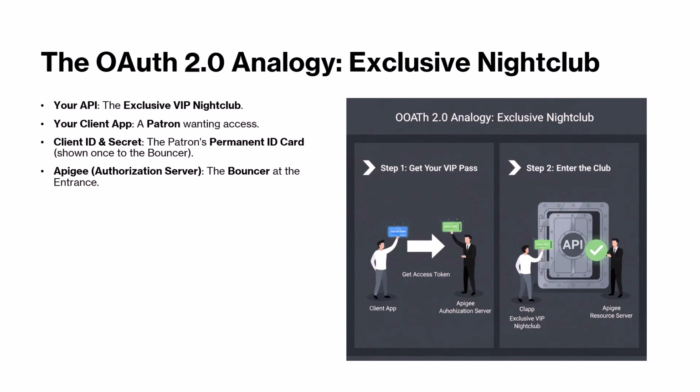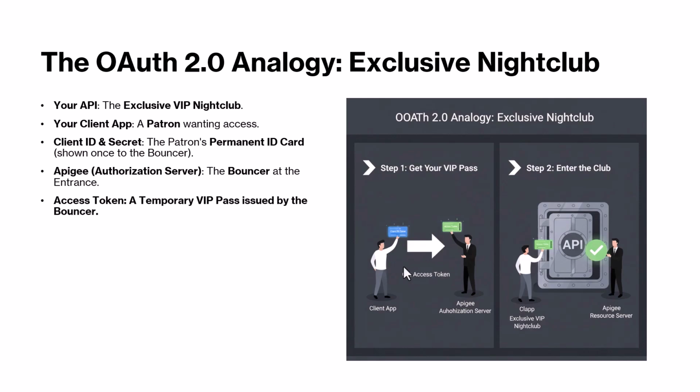This bouncer is standing at the entrance, holding the door, and their job is to verify identities and issue passes. Now, the crucial element is the access token, which is a temporary VIP pass issued by the bouncer, the authorization server. So this is the bouncer, which will give you a temporary access pass, or access token, so that you can enter the nightclub.